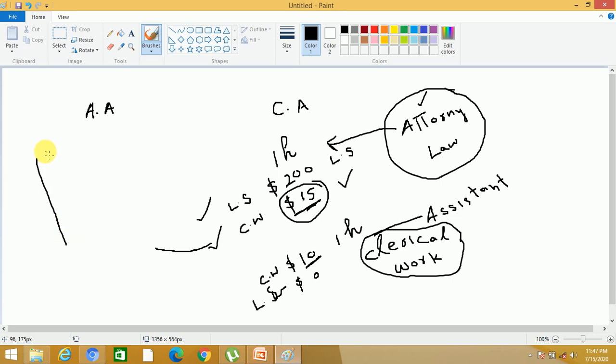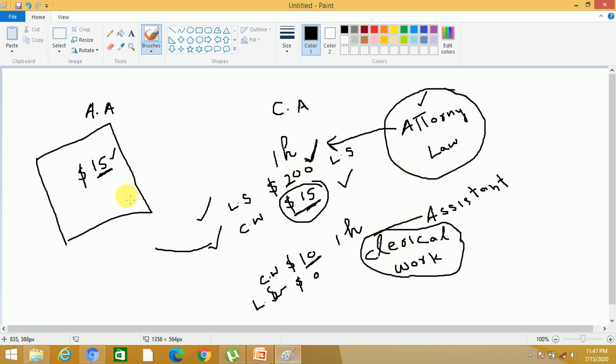This is his office, and there is no assistant. He is doing the clerical work himself, so he is saving $15. But when he is saving $15, he is losing $200.